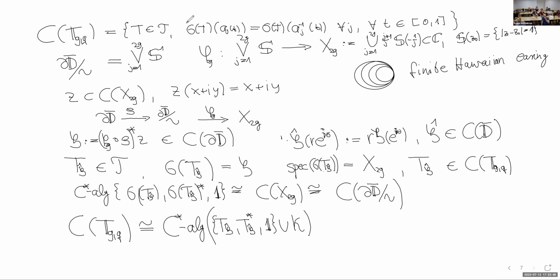Now we know that we find generators. And the question is, if I take other generators, when are they unitarily equivalent? But our interest is not to classify essentially normal operators. We wanted to find isomorphism classes between these quantum surfaces.